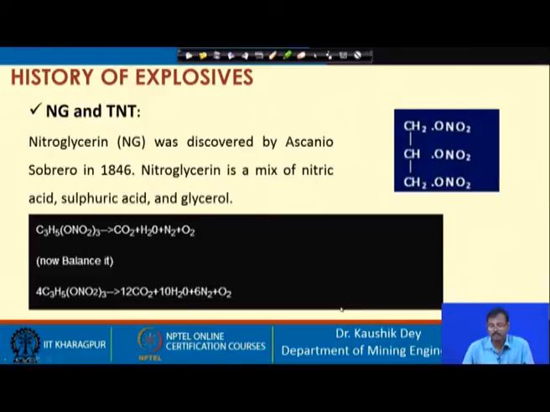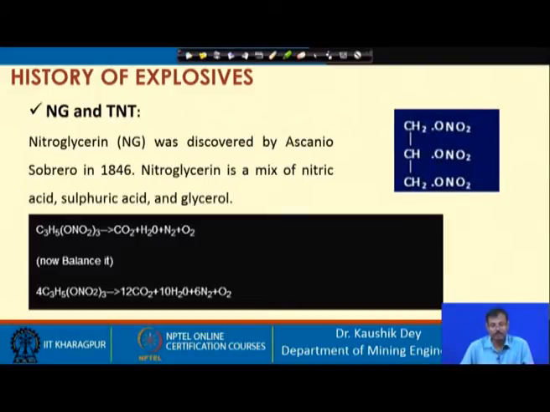And this is the chemical formula of nitroglycerin, and it has been found that if a shock is provided to nitroglycerin, it disintegrates chemically, reacting almost instantaneously, and it explodes to form carbon dioxide, water, nitrogen and oxygen, releasing a huge quantity of shock, and these shocks are so high that they killed a number of persons.